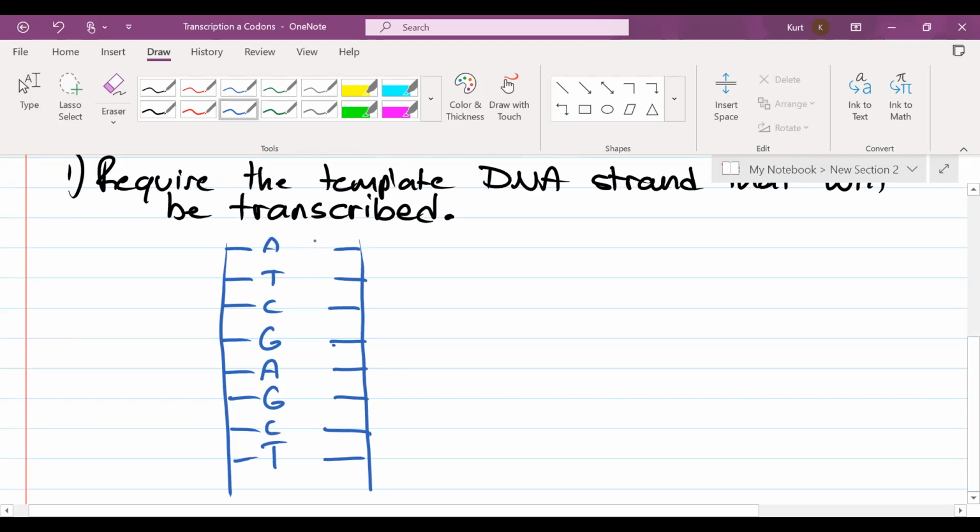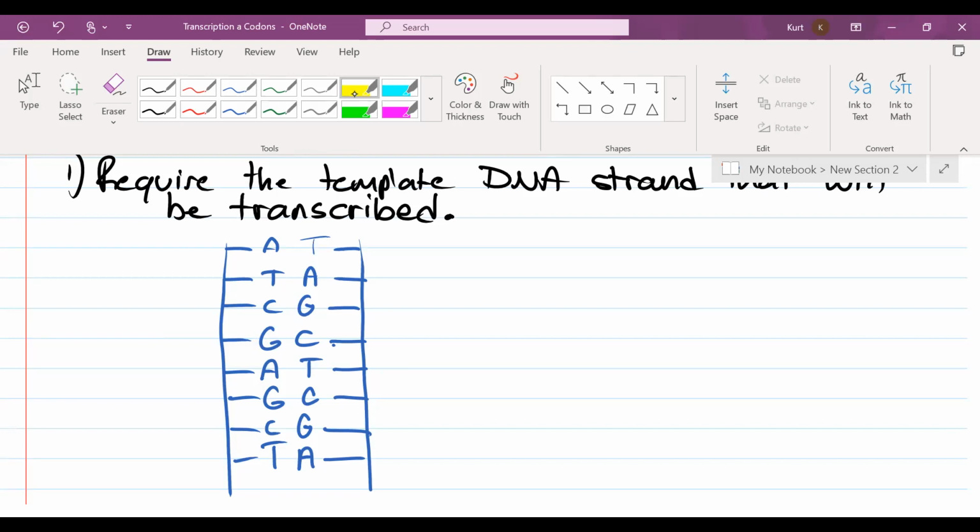It would be TAGCTCGA. Correct. So you need your parent strand. Ooh, here's a good question. Notice that I have it laid down in a 2-dimensional depiction. What enzyme is keeping it flat on the ground and keeping it from twisting? Keeping it from getting all twisty. I did this one yesterday.